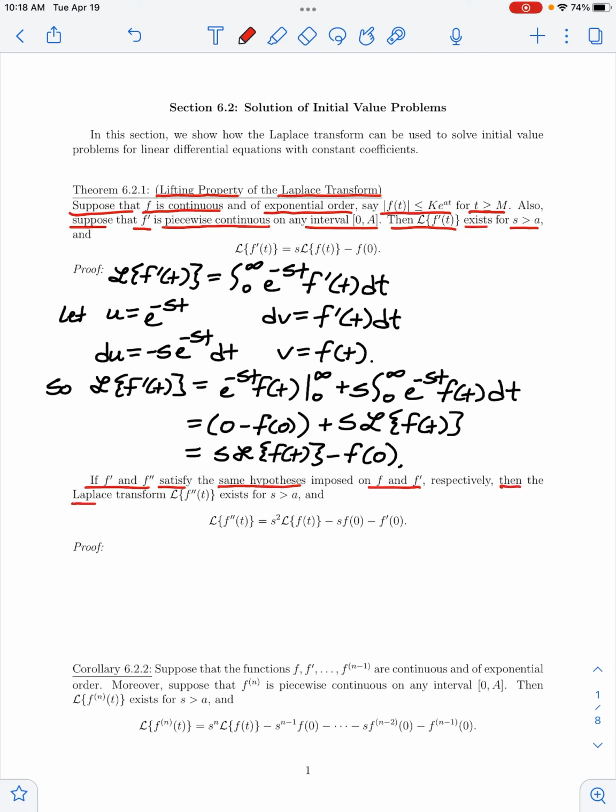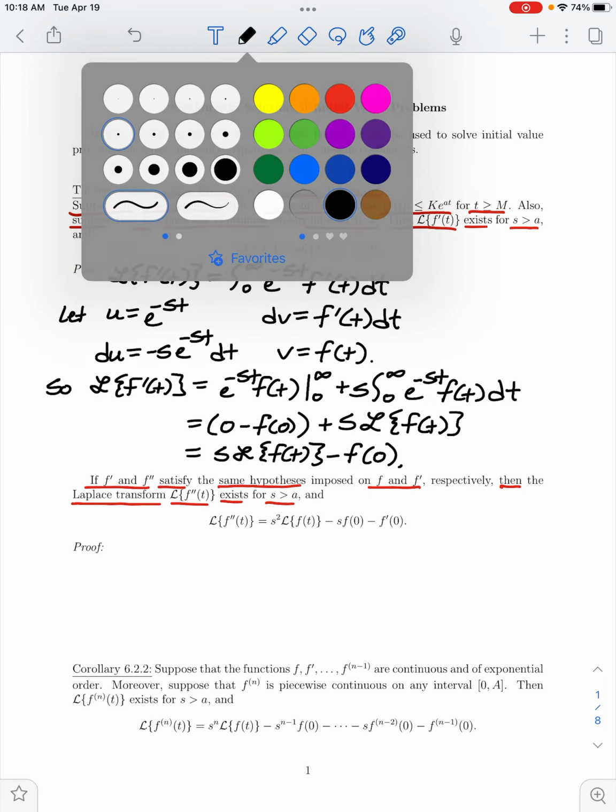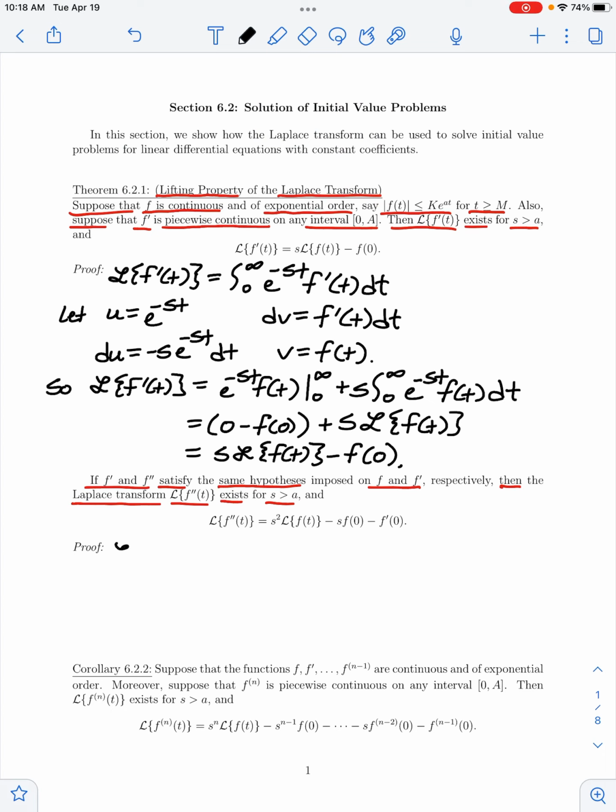Then the Laplace transform of f double prime exists for some values of s, and the Laplace transform of f double prime is given by s squared times the Laplace transform of f minus s times f of 0 minus f prime of 0. So to prove this, let's take a look.